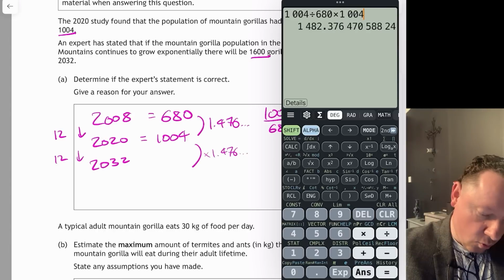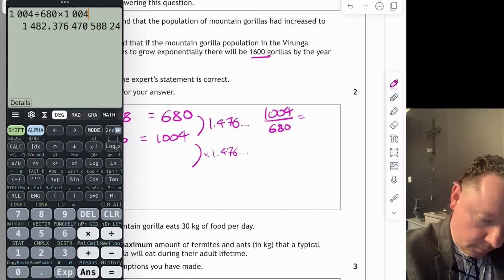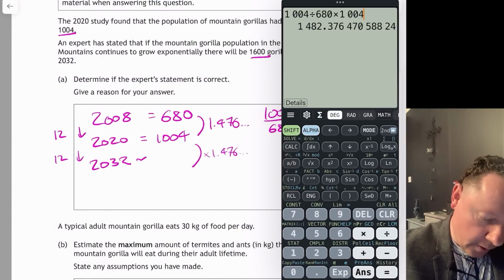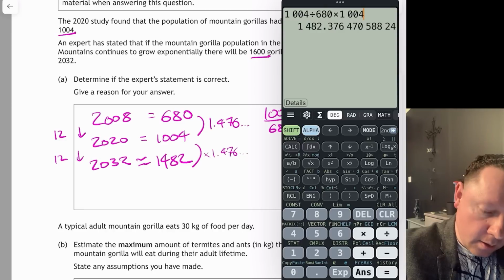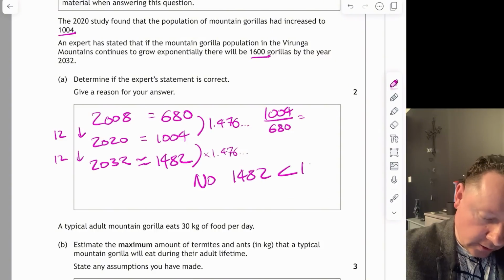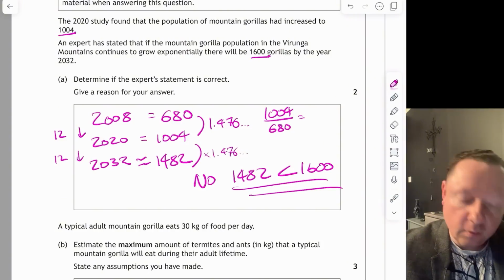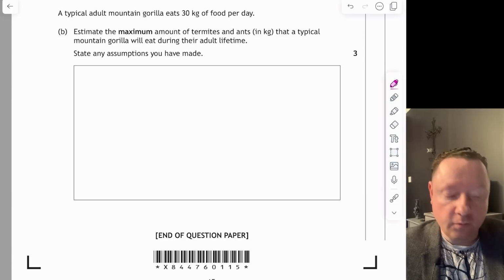So that's about 1482, just rounding down because it's a whole number of gorillas. So that means the expert is wrong, because 1482 is much less than 1600.